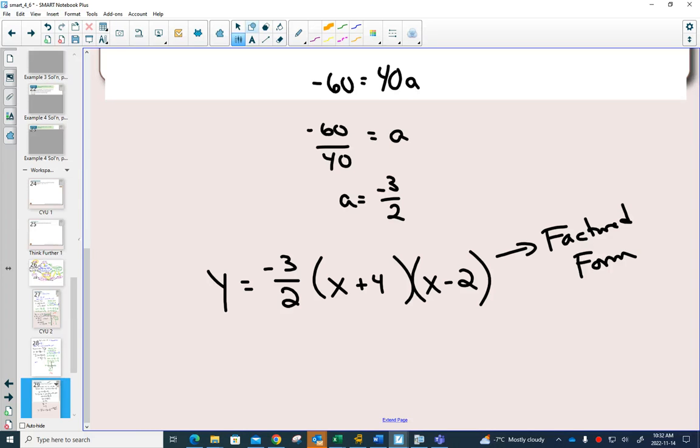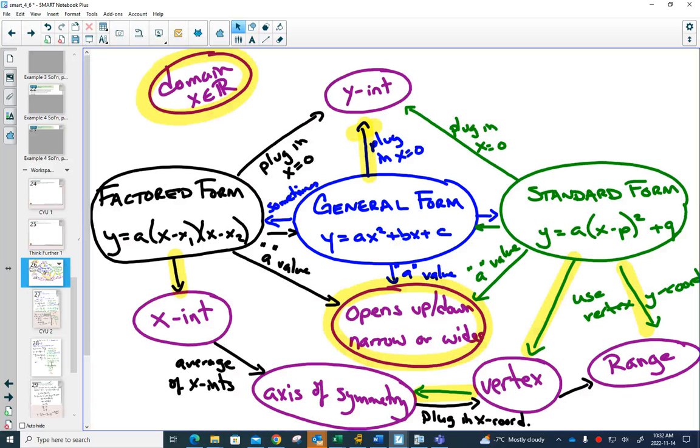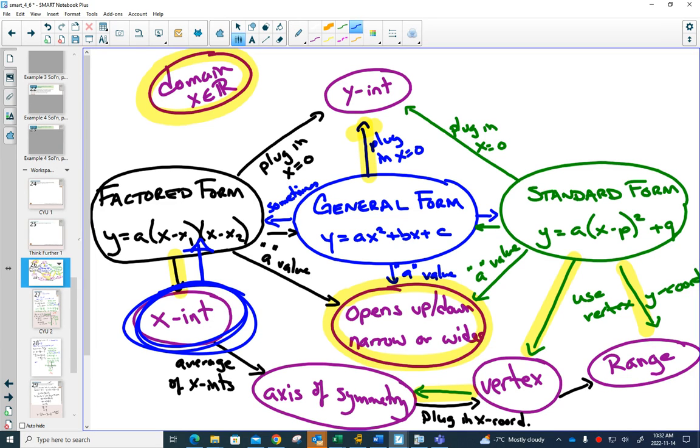But what did the question ask for? The question asked for general form. So as far as looking at our diagram, what were we able to do? We were able to say, I had this first. Having that let me go back to my factored form. And now that I have my factored form, I can go back to my general form.